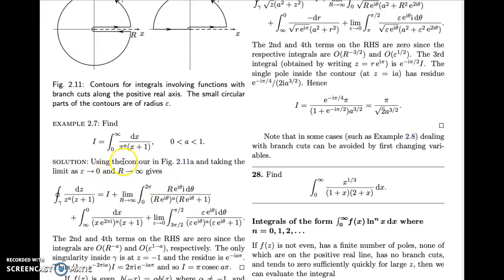So the integral we want is this line integral here, as r goes to infinity and as epsilon goes to 0. So that's I. Then we have the integral around this circle, which is from theta equals 0 to 2 pi.